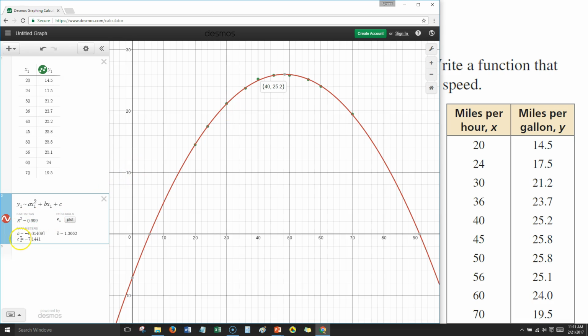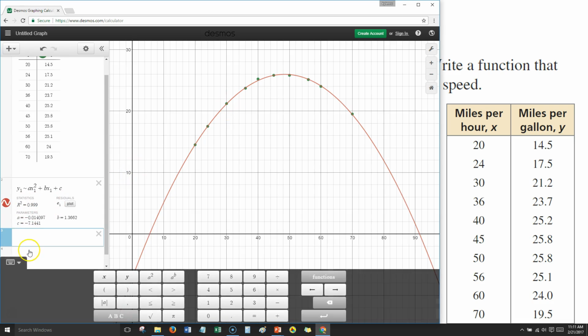So our function then is, and I'll write it like this, f of x equals a x squared. Here I'll write the numbers down. -0.014. That's probably enough decimal places. x squared.